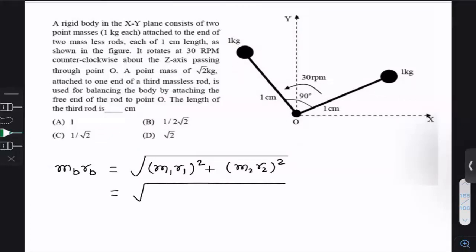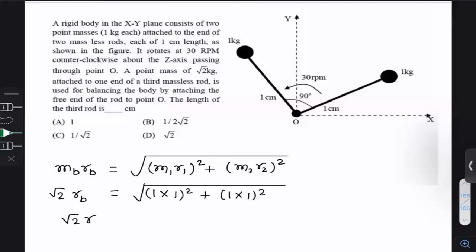Therefore, we can write here M1, this is your mass, the balancing mass is root 2 kg. So root 2 into RB, the radius of the balancing mass. M1 is 1 kg, radius is 1, so 1 into 1 square plus 1 into 1 square. Therefore, root 2 RB is equal to root 2, RB cancel.